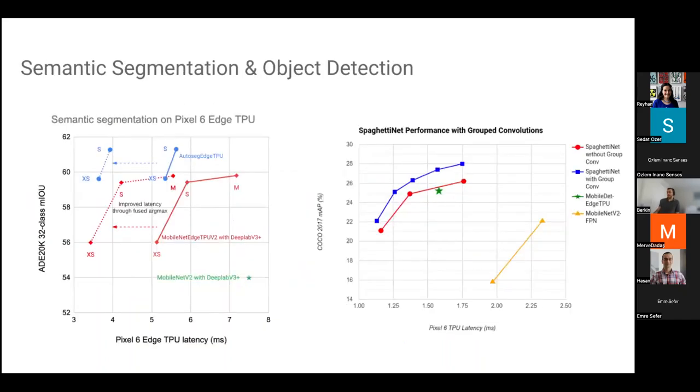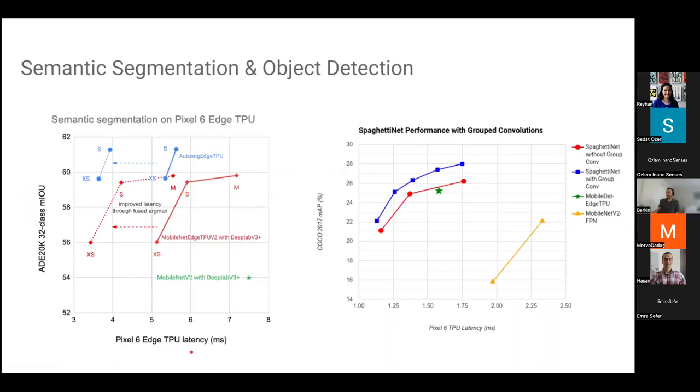So in this work, we didn't stop with image classification, but we looked into other tasks such as semantic segmentation. This is image segmentation and object detection as well, not just classification of the objects, but detecting them and segmenting the images, right?